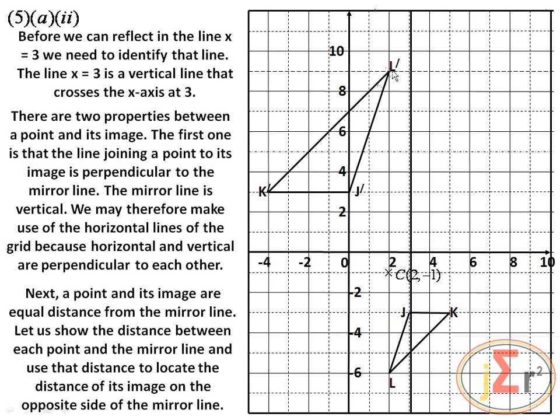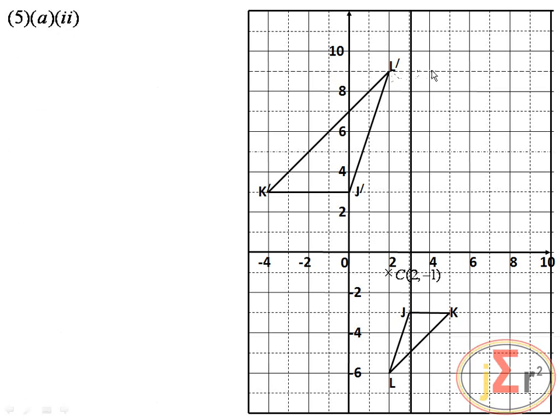The distance between L prime and L double prime will be the same from the mirror line, and L prime and L double prime are on a line that is perpendicular to the mirror line.